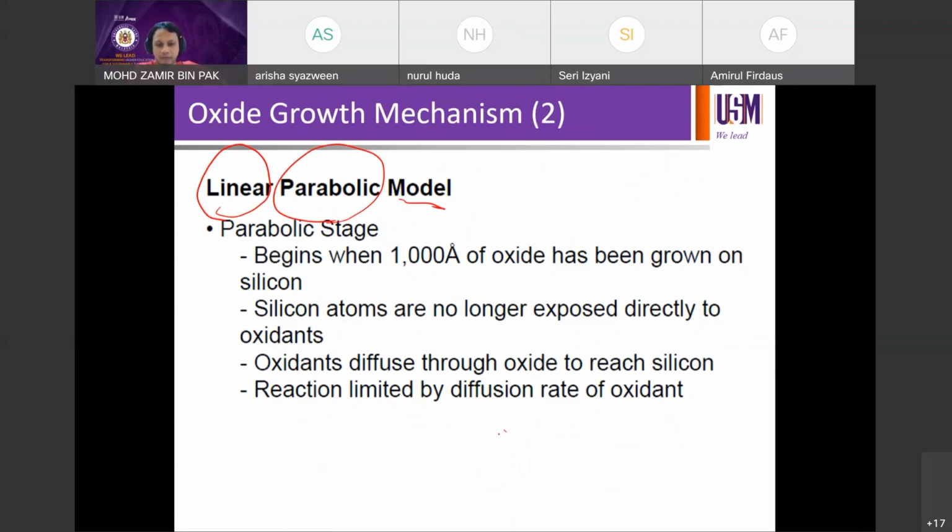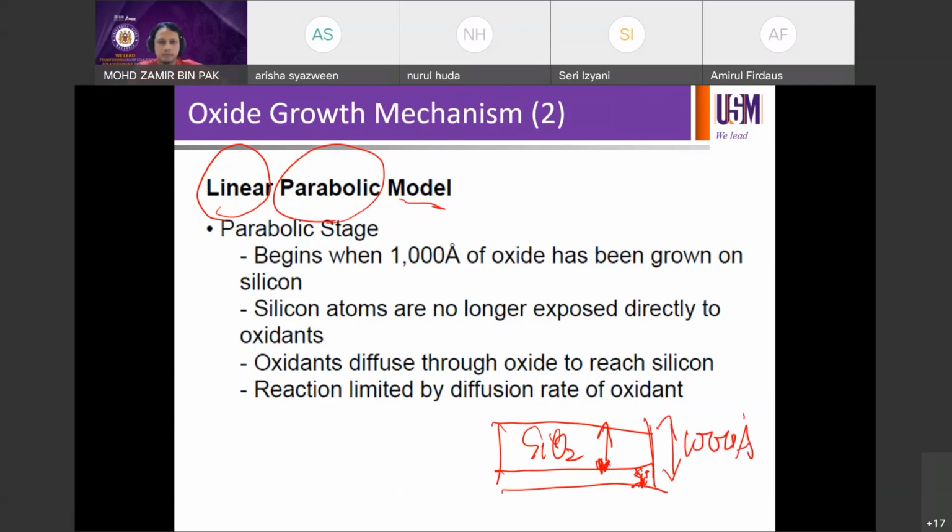So as you have more and more oxide, this is your silicon now. Just to exaggerate, don't believe the scale. Just to exaggerate the scale of your oxide, the silicon is actually thinner. It shows the oxide thickness, now thicker, say 1,000 angstrom or 100 nanometer.